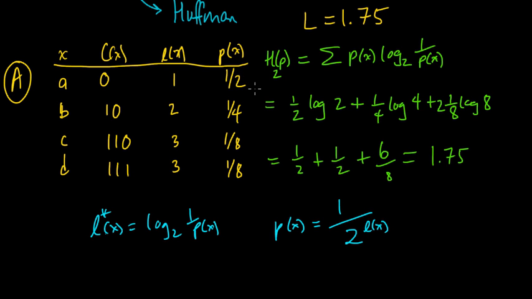And it's clear that in fact that is true here, because this is 1 over 2 to the 1, 1 over 2 to the 2, 1 over 2 to the 3, 1 over 2 to the 3. So in fact, this is true, and therefore these lengths are not only optimal among all possible lengths for which there's a code, but they're in fact ideal because they achieve the entropy.